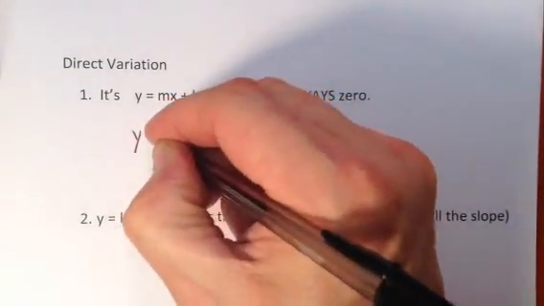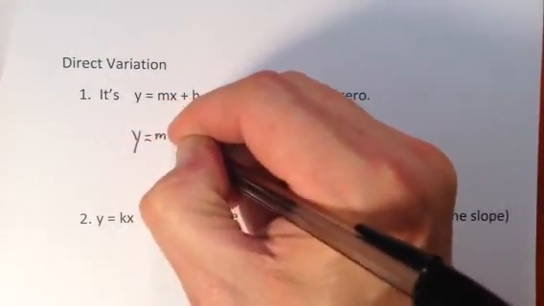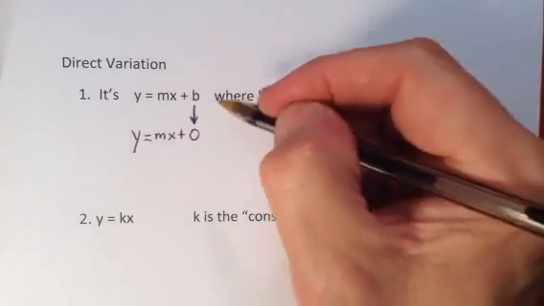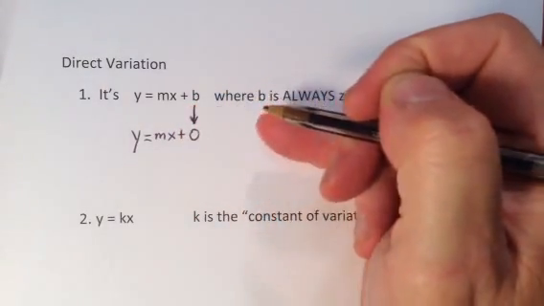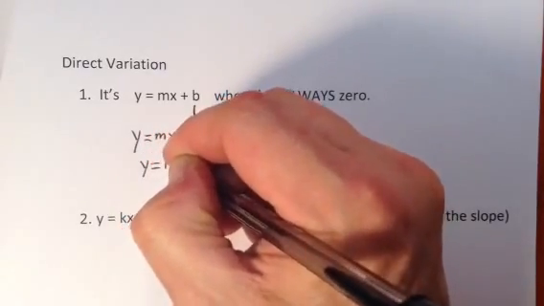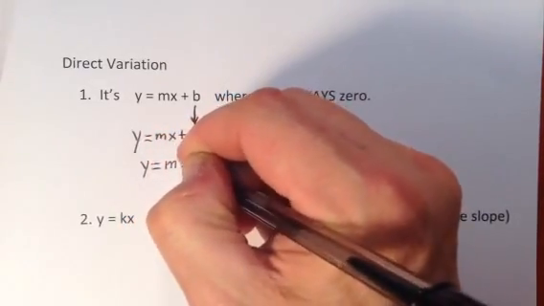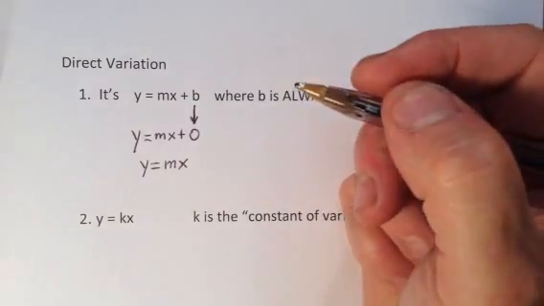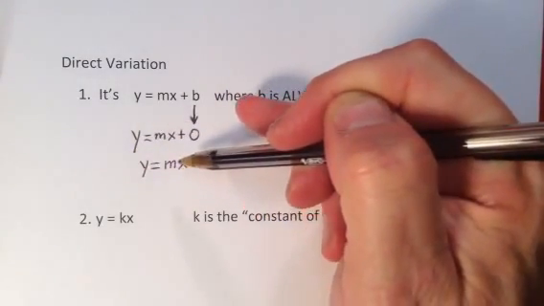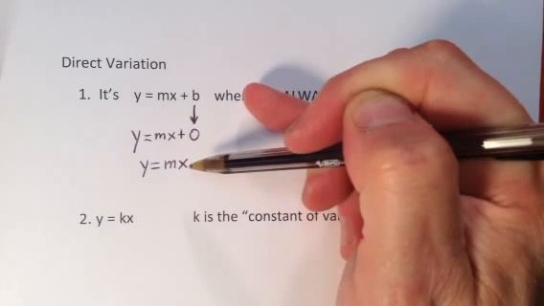So in reality, your y equals mx plus b becomes y equals mx plus 0. And you don't need to say plus 0 to anything. So really, it's going to be y equals your slope times your x. Your output is going to be your rate of change times your input.